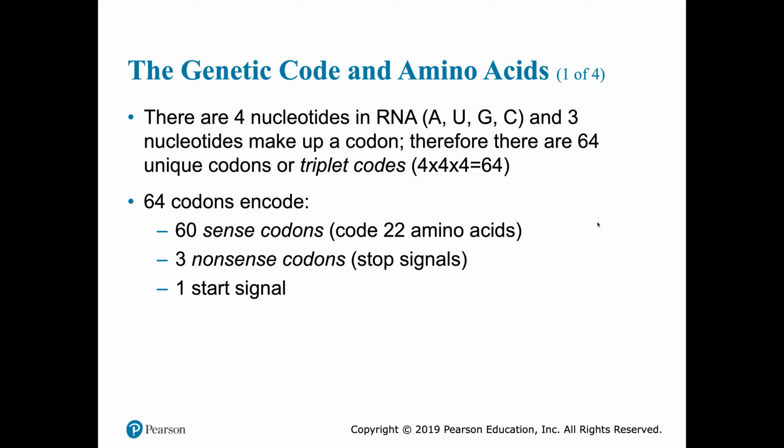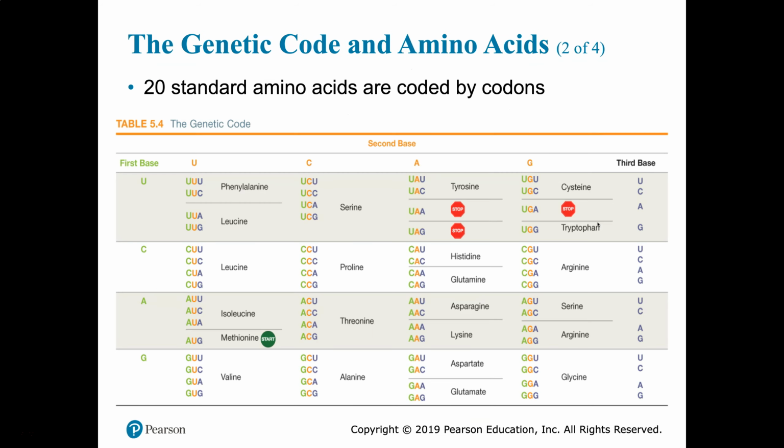Now, there's a lot of redundancy when it comes to translation and reading the mRNA code. What I mean by that is, if you look at this table, which is in your book, notice that serine is coded for 2, 3, 4 times, 5, 6 times.